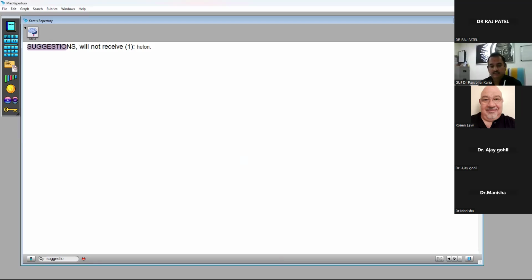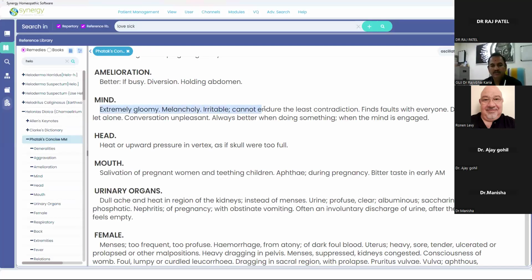If you open Phatak, Helonias: mind extremely gloomy, melancholy, irritable, cannot bear least contradiction.